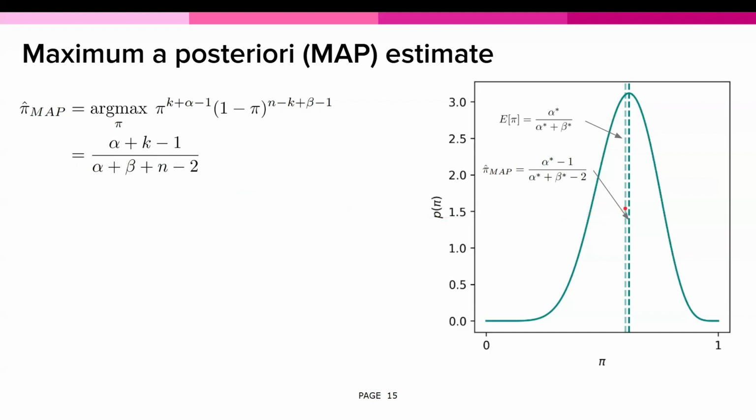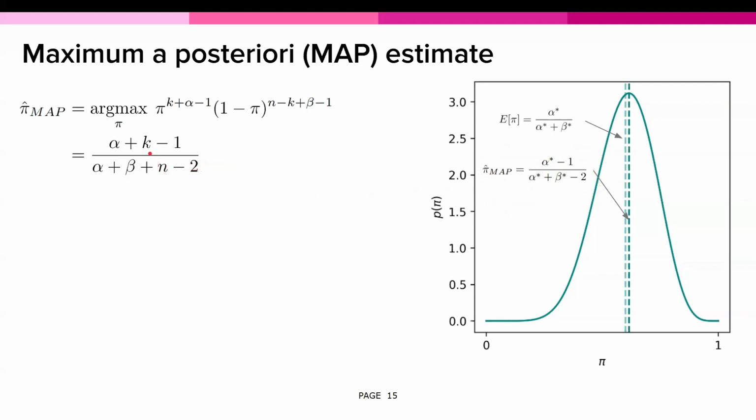It turns out that the mode of the beta distribution is given by alpha minus 1 over alpha plus beta minus 2. This is just a standard definition for the mode of a beta distribution. So if you know the value alpha and the value beta, then you can just analytically compute the mode.